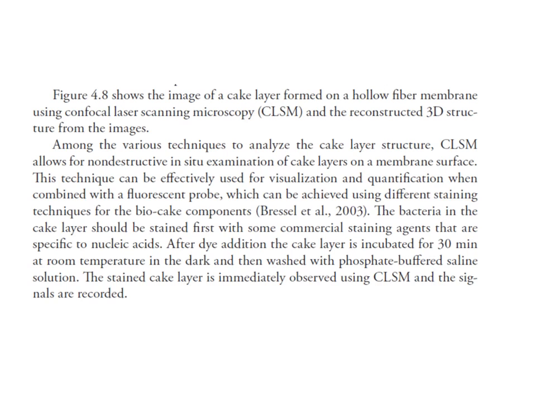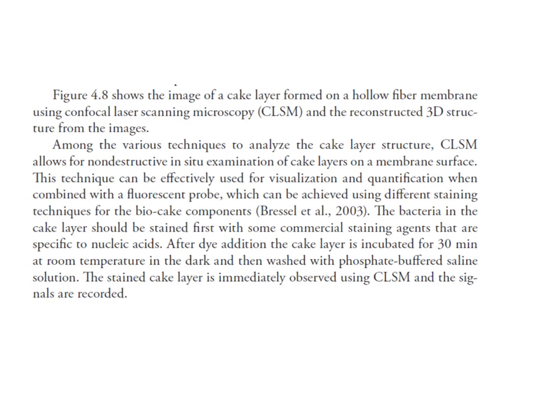This technique is useful especially when you deal with the cake formed by microorganisms, because it uses fluorescence dye which is specific to some microorganisms, and this technique allows us to have a three-dimensional image, and by doing some image analysis we can calculate the porosity of the cake.